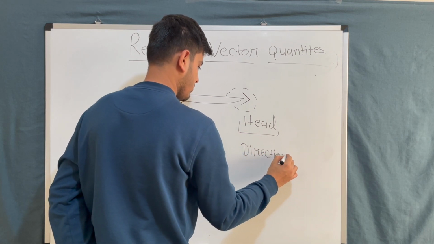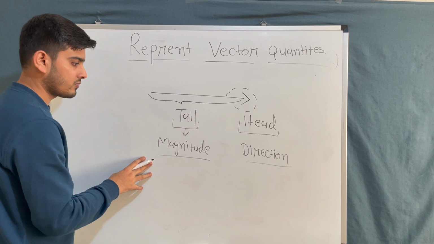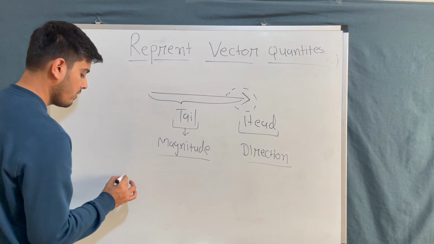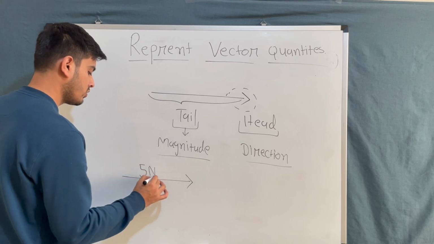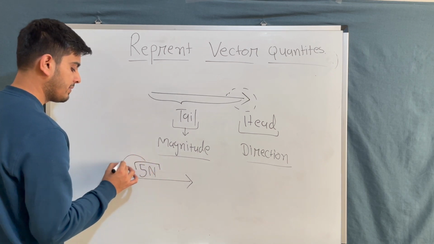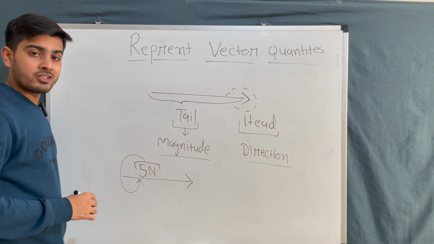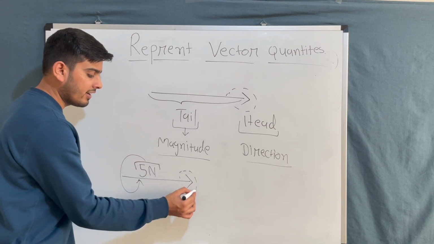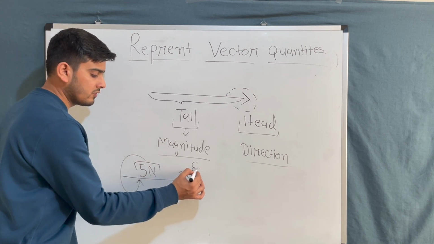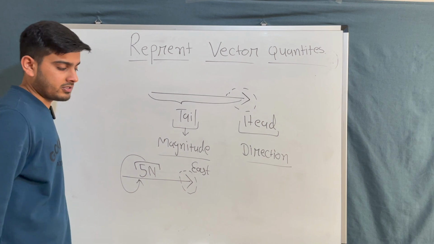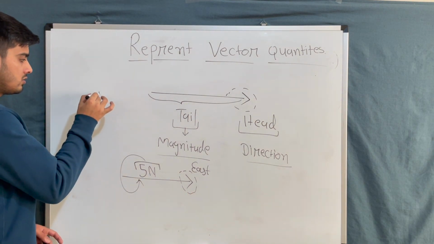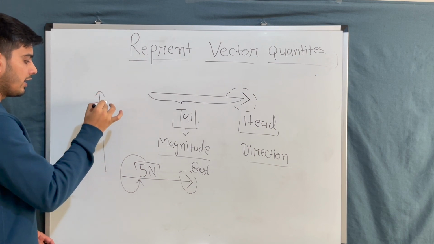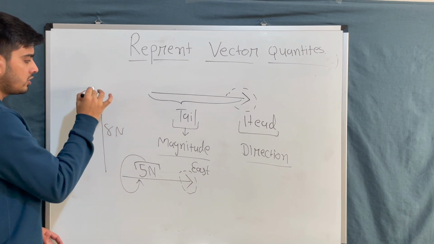Which direction? For example, 5 Newton of force towards east. This 5 Newton is represented by the length of the arrow, and this head region shows you the direction, which is towards east. Okay, one more example: 8 Newton of force towards north.